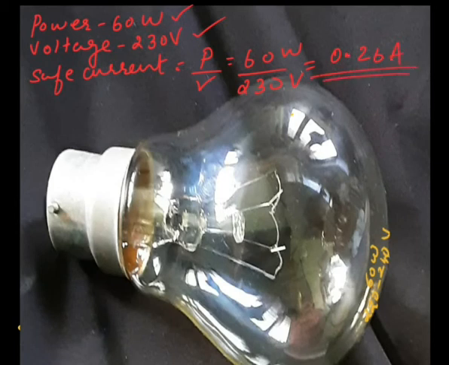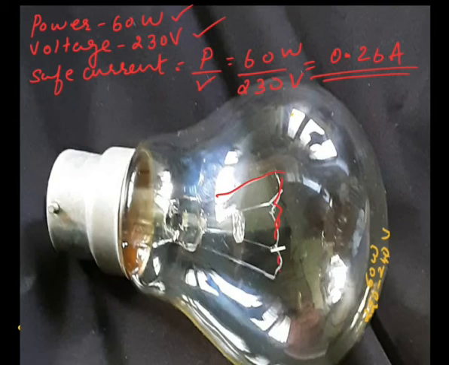That means the maximum or safe current which can flow through this filament is 0.26 ampere. If more current is passing through the filament, then the filament will melt and break. You know that if voltage is increased, current will also increase.